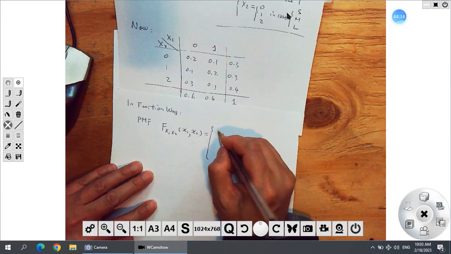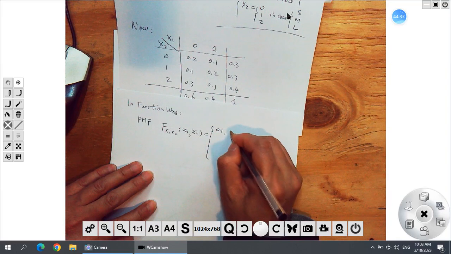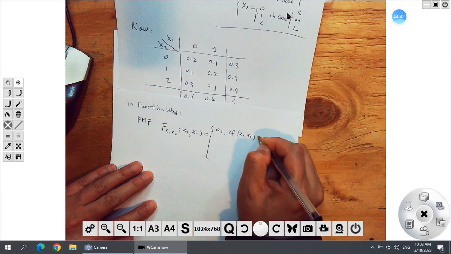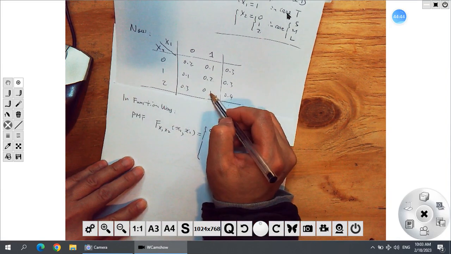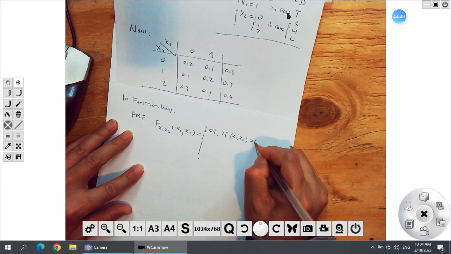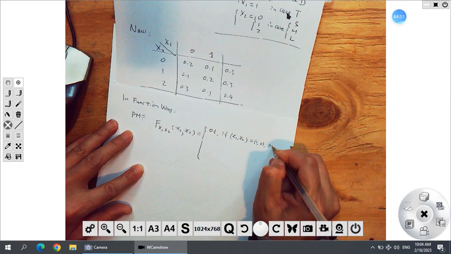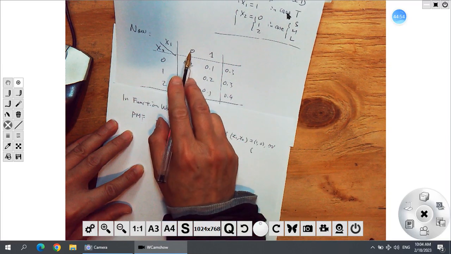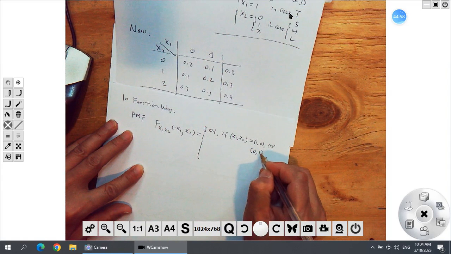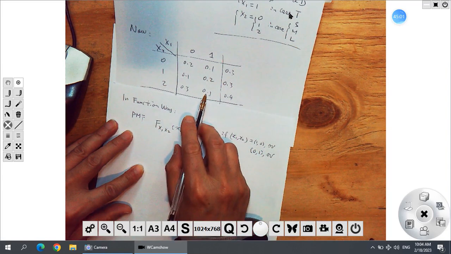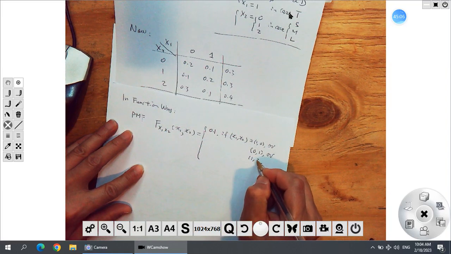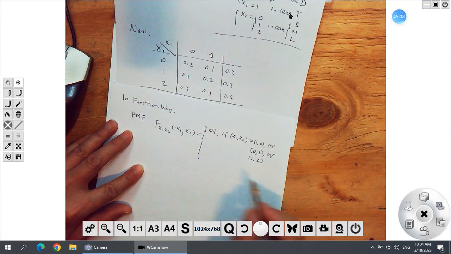So it is 0.1 if (x1, x2) equals one of these three cases: (1, 0), (0, 1), or (1, 2). This is for 0.1.